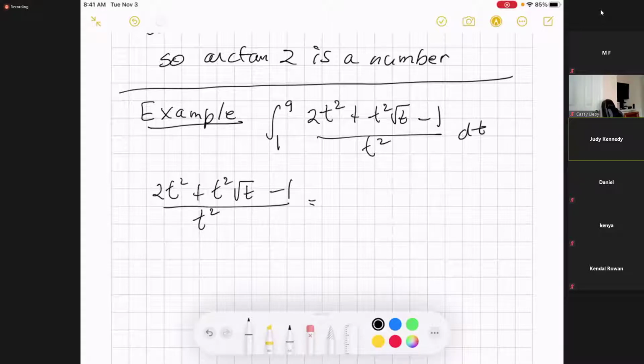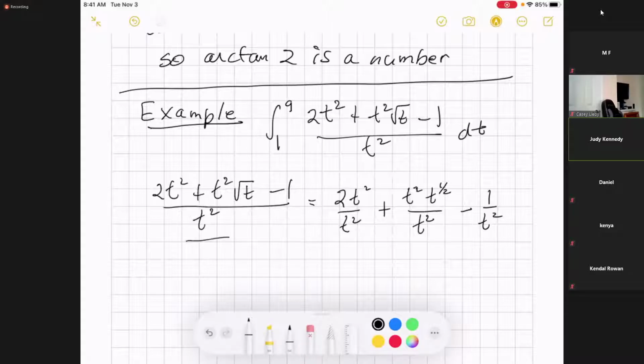And I've only got one term in the denominator, so I can break that fraction up into the sum of 3 fractions. So 2t squared over t squared plus t squared times t to the 1/2, where I write the square root of t as t to the 1/2, minus 1 over t squared.